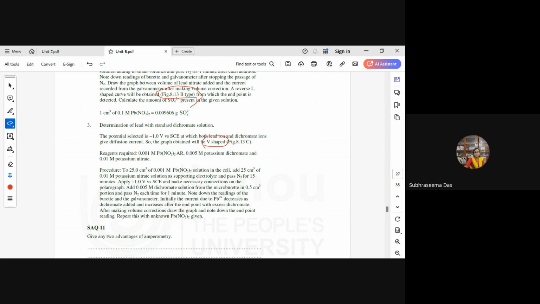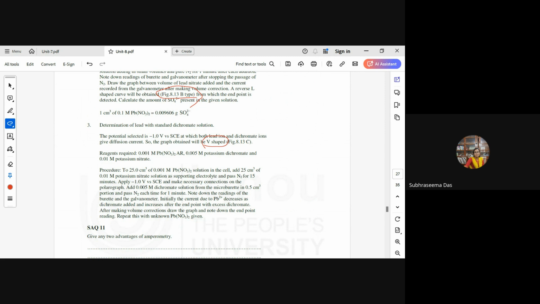Then 0.005 molar dichromate solution was added from the microburette in 0.5 ml portions, and nitrogen was passed for 1 minute. The readings of the burette and the galvanometer are noted after each nitrogen passage. Initially, the current due to the lead decreases as dichromate is added, and it increases after the end point with excess dichromate.